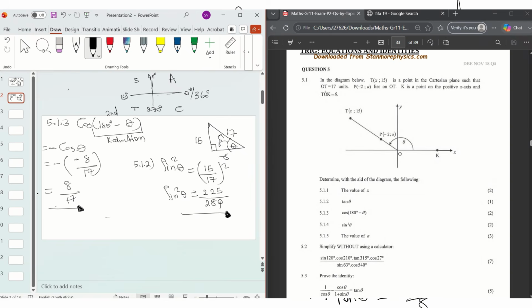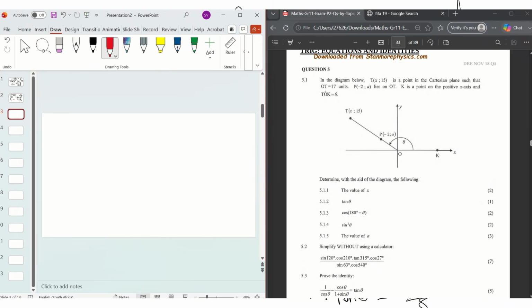Okay. So now I'm gonna use red for this one. So 5.1.5. It's saying now determine the value of a. So now we need to determine the value of a, guys. So remember again, this is our Cartesian plane here.